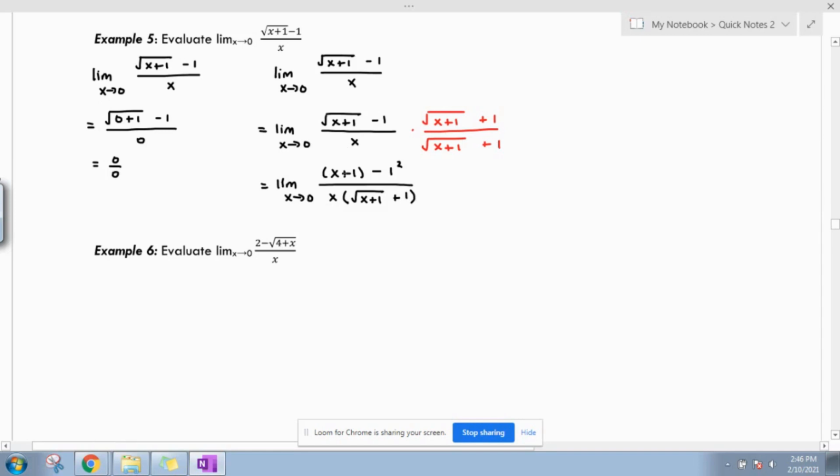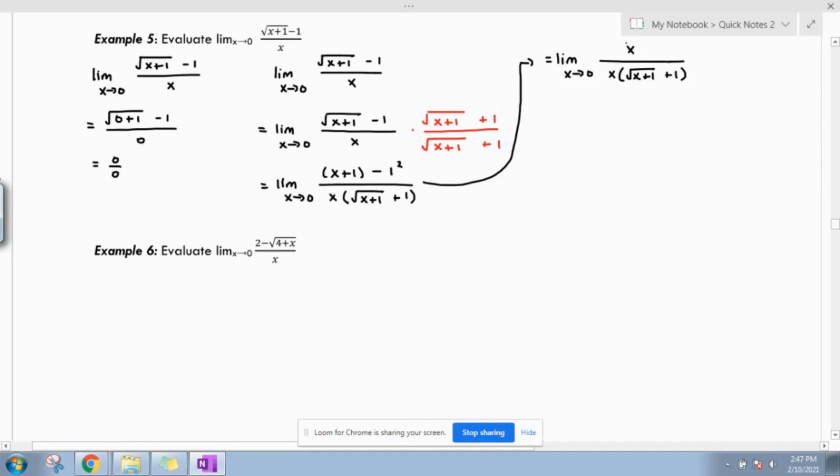So in the top here, the square root of (x + 1), all squared, just leaves me with x + 1. If you're wondering where that square root went, I got rid of the square root because of the square. And now we're going to simplify, and that's going to give me the limit as x approaches 0. The top is going to simplify just to x over x times (square root of (x + 1) plus 1).